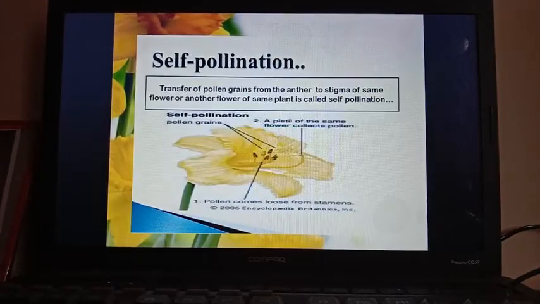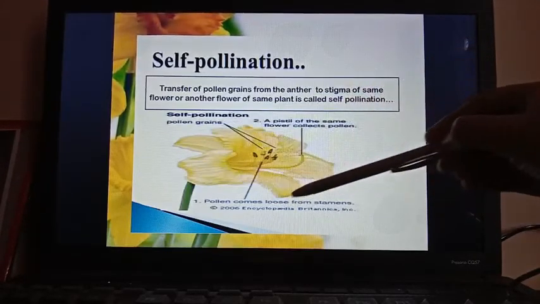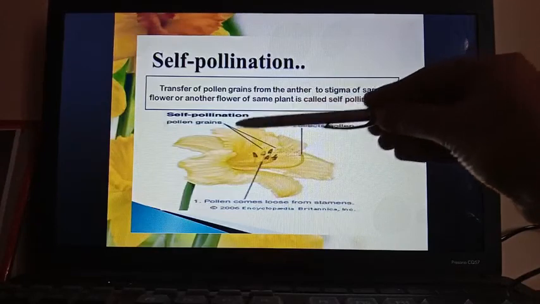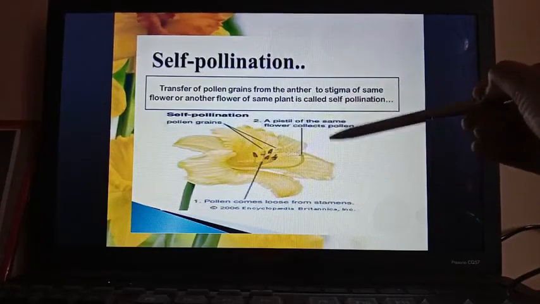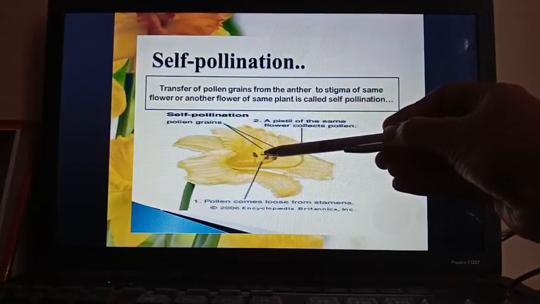Two types of pollination are there. One is self-pollination, another is cross-pollination. Self-pollination is the transfer of pollen grains from the anther to the stigma of the same flower or another flower of the same plant. Here you can see the flower of a plant which contains both stamen and carpel.